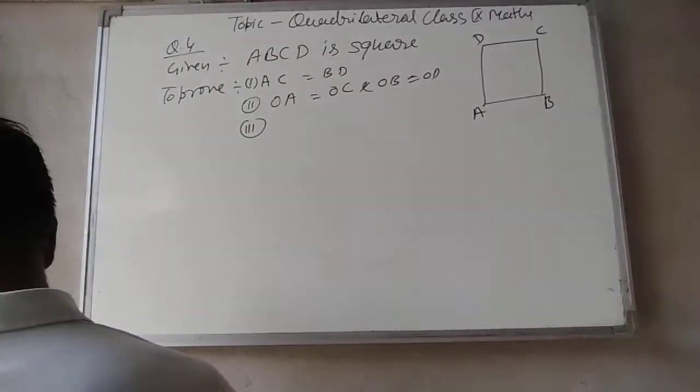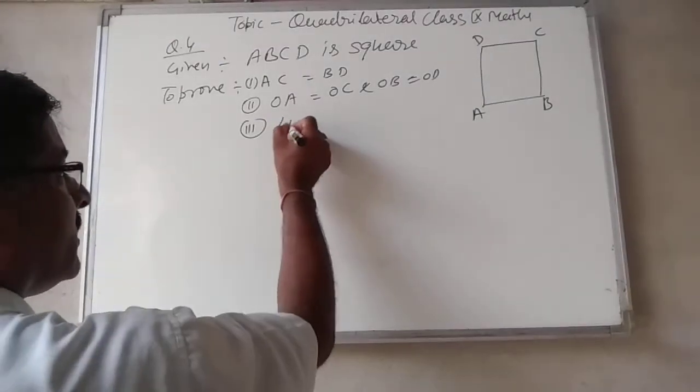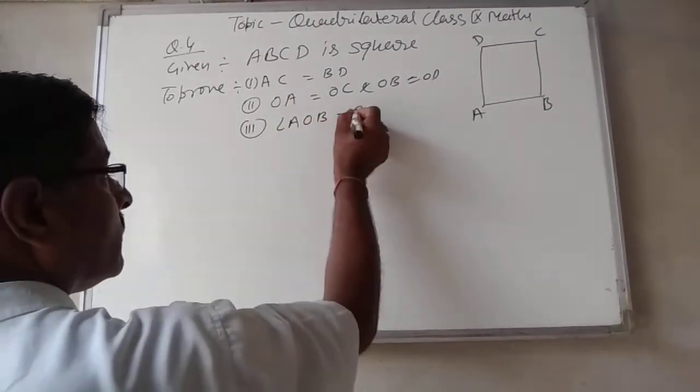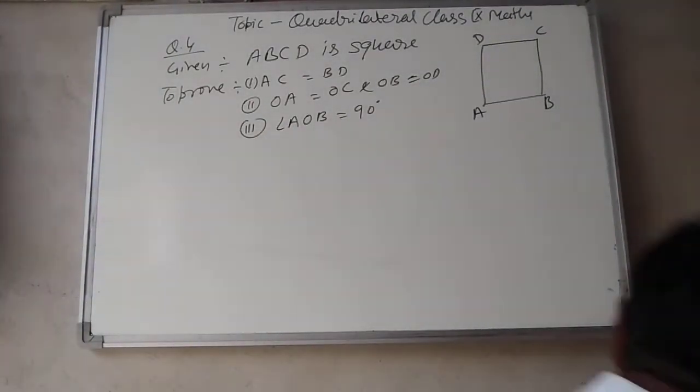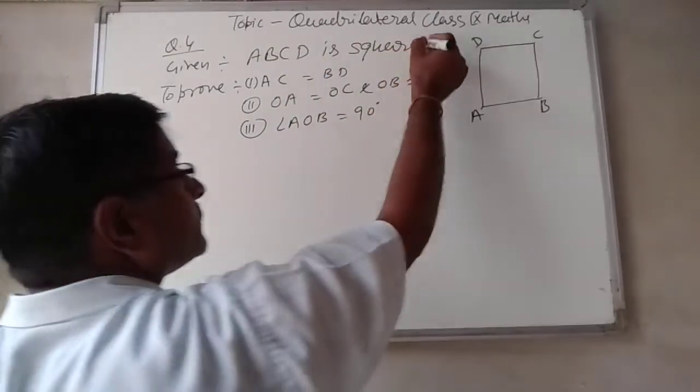Third part, angle AOB is equal to 90 degrees.